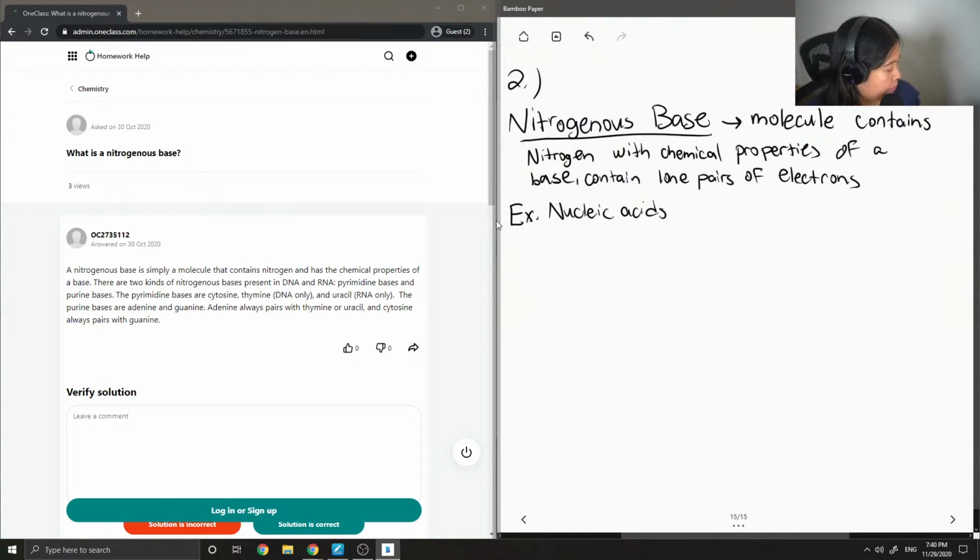Okay, so for example, we can have guanine, or adenine.